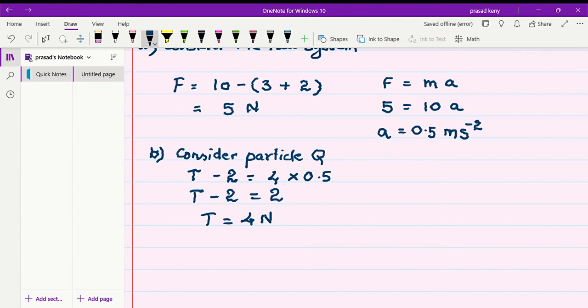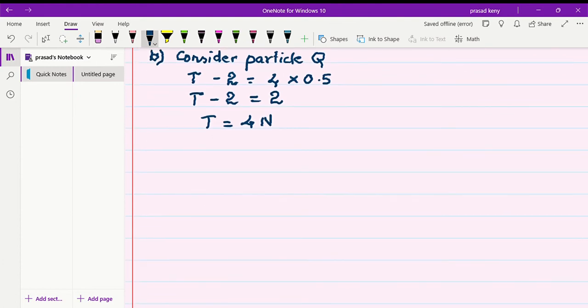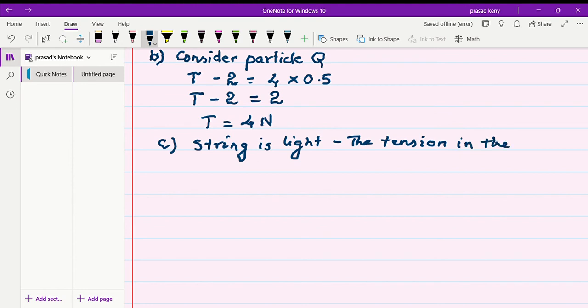And part C, as we have already discussed, string is light. String is light means its own mass is neglected, and hence the tension in the string is uniform.